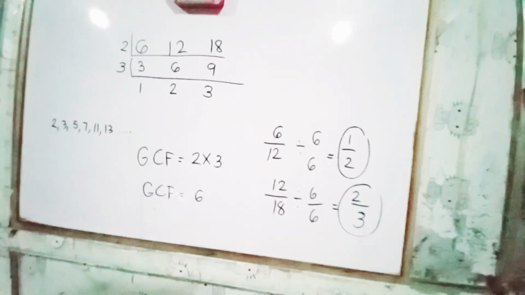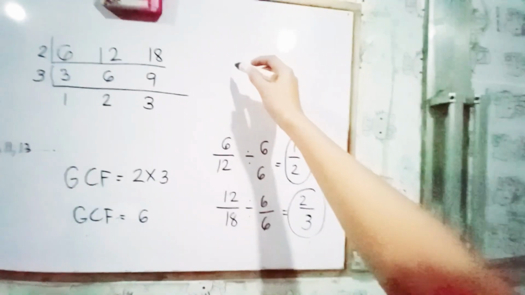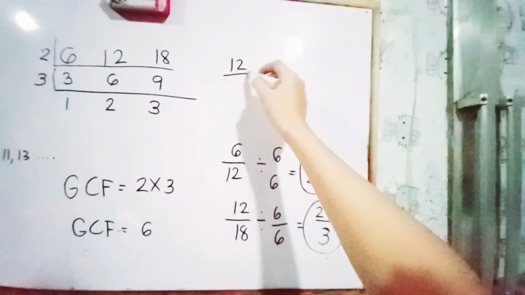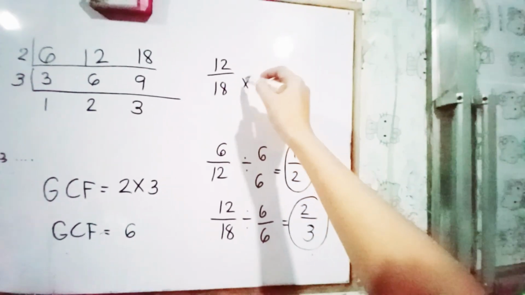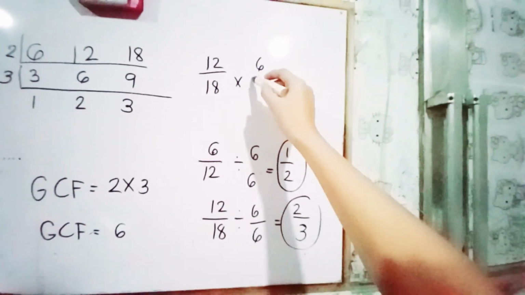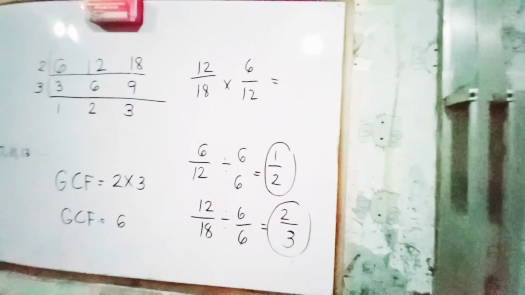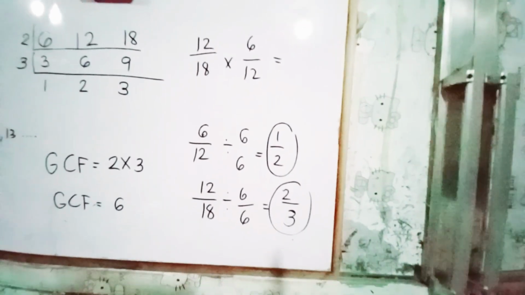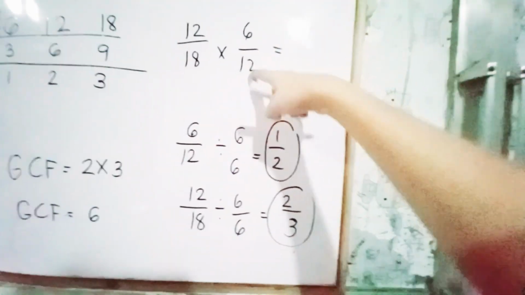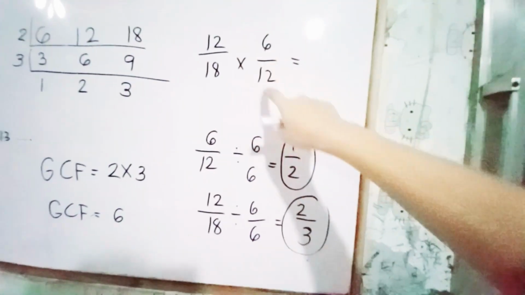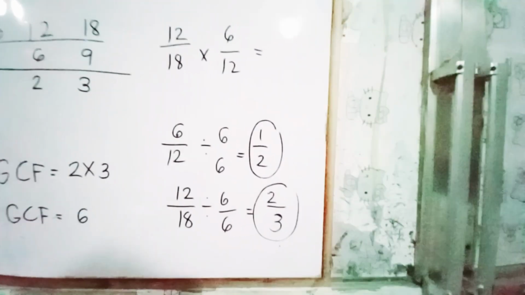So let us have an example. We have here 12 over 18 times 6 over 12. So we will use the cancellation method. To do the cancellation method, divide the numbers with their GCF.